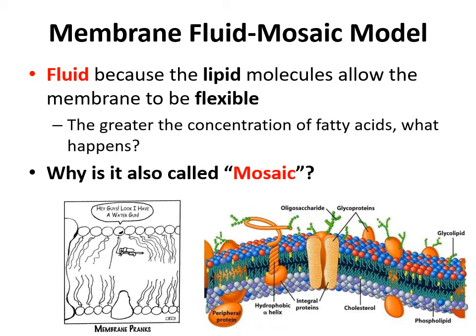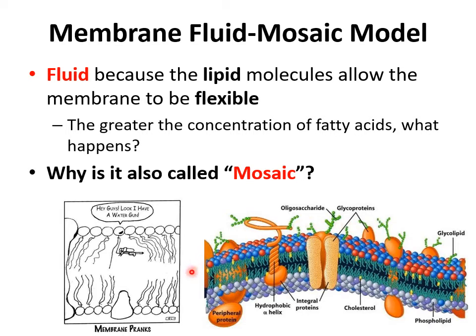The other part of the term is mosaic, which I said means mixture, and if you look at this picture of the membrane, it looks like in art when you see a mosaic, because you have all of these proteins scattered throughout the membrane, okay? Proteins and additional lipids such as glycolipids, okay?